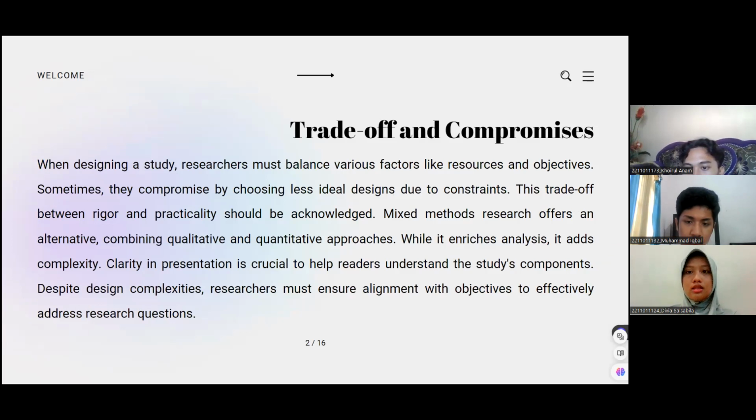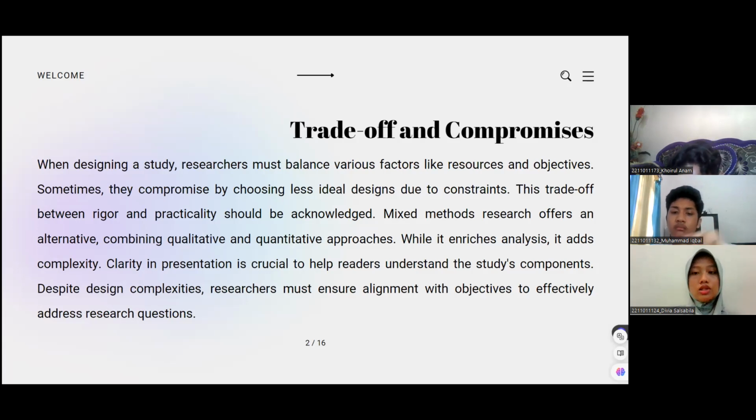And the next discussion is about trade-offs and compromises. When designing a study, researchers must balance various factors like resources and objectives. Sometimes they compromise by choosing a less ideal design due to constraints. This trade-off between rigor and practicality should be acknowledged.